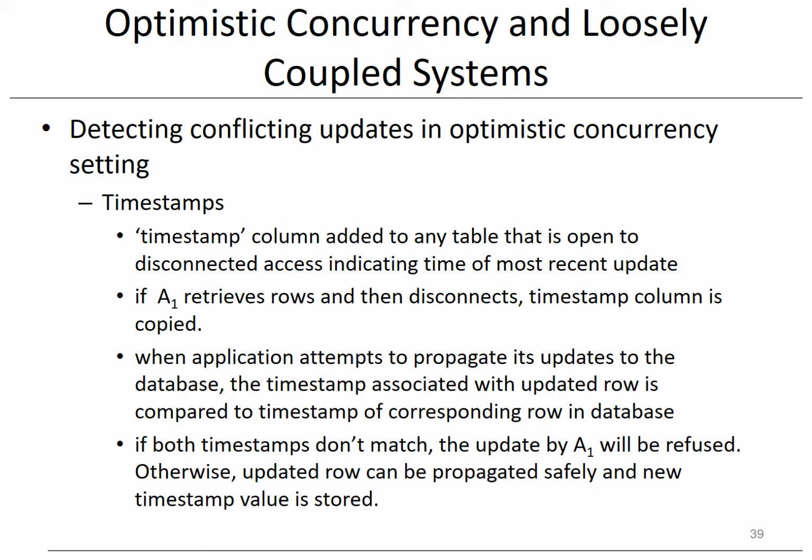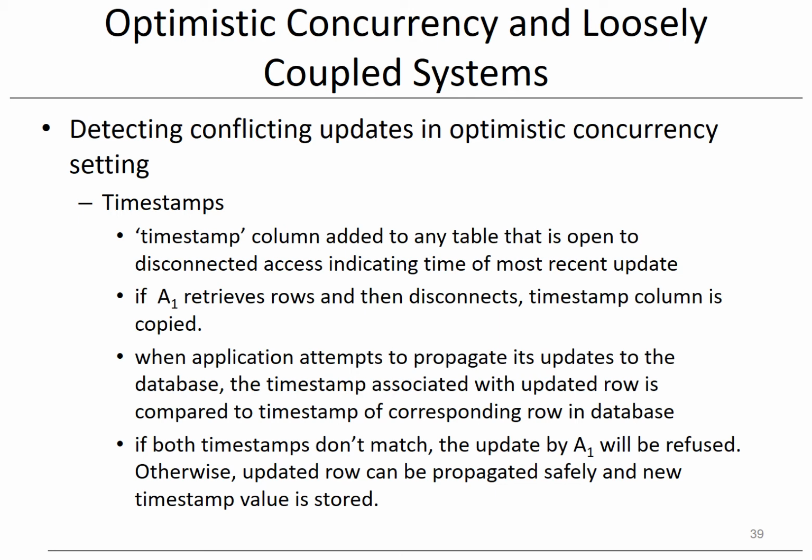There exist different techniques to detect conflicting updates in an optimistic concurrency setting. A first possibility is the use of timestamps. In this approach, a timestamp column is added to any table that is open to disconnected access. The timestamps indicate the time of the most recent update of a row. If an application A1 retrieves rows from the database and then disconnects, the timestamp column is copied.